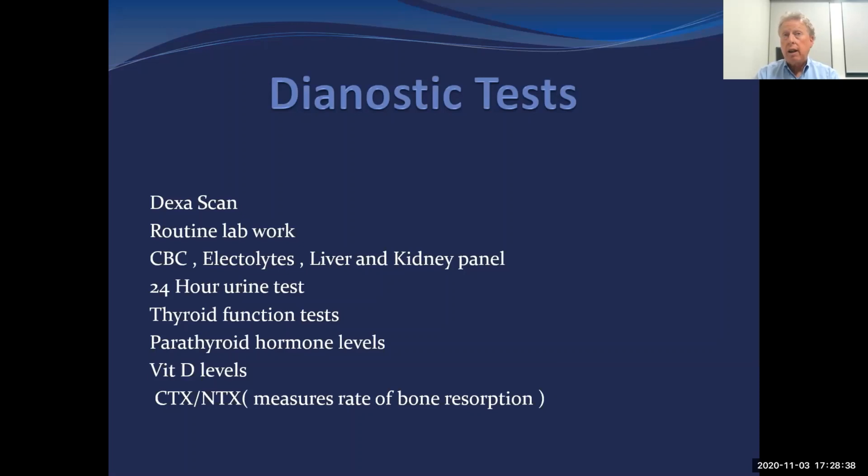Vitamin D levels are important, and we're going to talk specifically about vitamin D. And there are two other blood studies called CTX and NTX that are measures of bone resorption, and that can be measured in the blood.